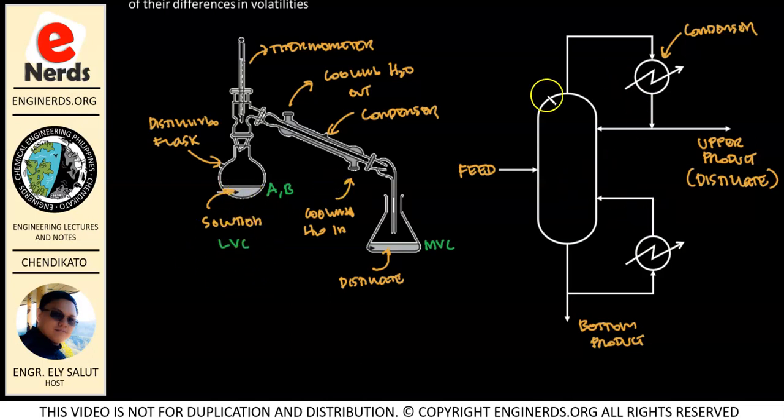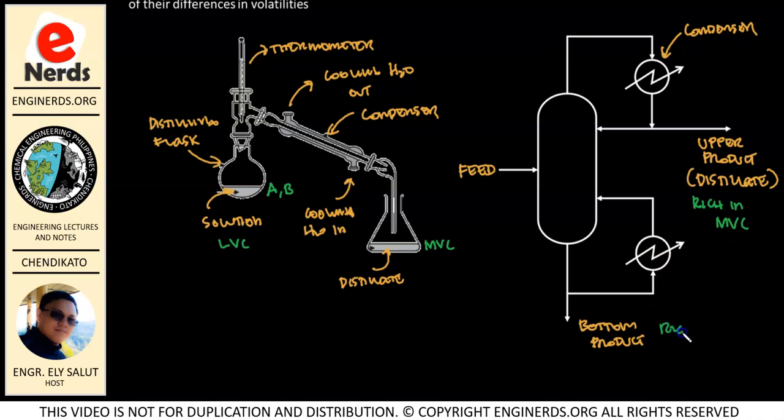So, it will be the same on this diagram. Dito sa ating product, we have our distillate which is rich in more volatile component. And dito sa bottom product, we have our liquid which is rich in low volatile component or less volatile component.